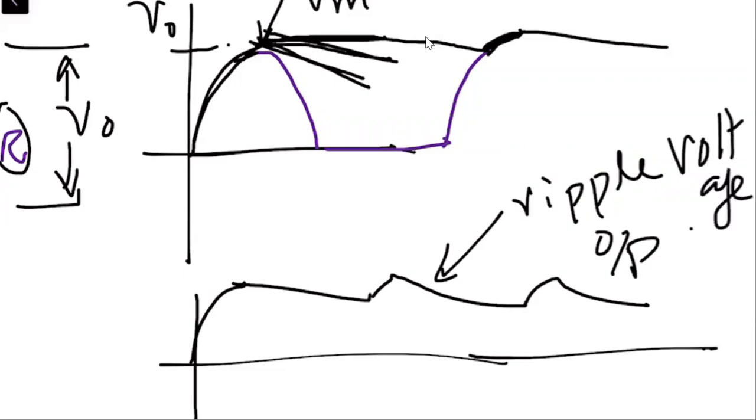Okay, ji? The same thing happens if we have the full wave rectifier circuit, because in case of full wave rectifier circuits, we have peaks which are very close.